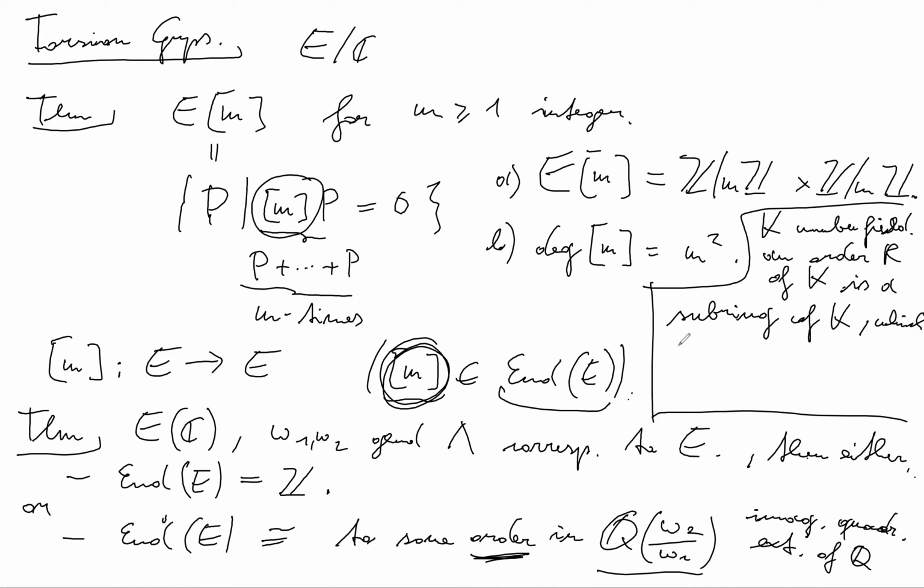And you also want that if you extend scalars up again, then you land in your number field, so you also want that R tensor Q is K again.